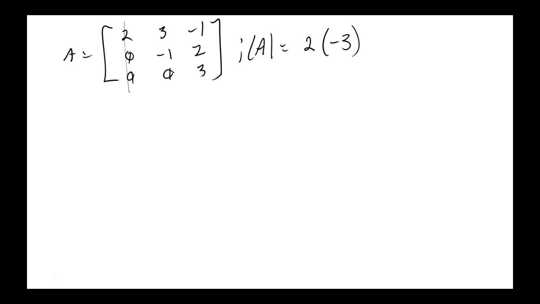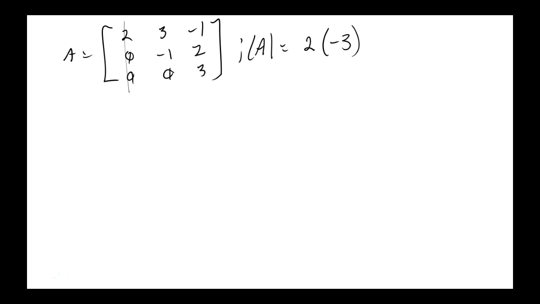On any triangular matrix, upper triangular, lower triangular, or diagonal matrix, the determinant is just the product of the diagonal. Doesn't have to be a diagonal matrix for that to be the case. Now that's pretty easy, right? You don't have to do your 3 by 3s. You just do the product of the diagonals.